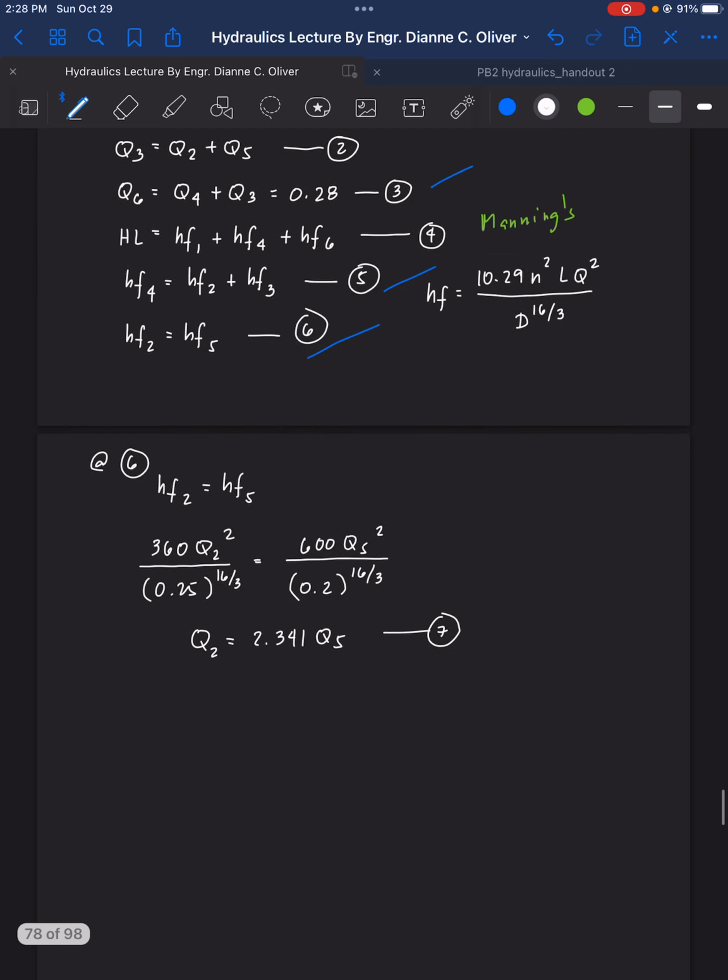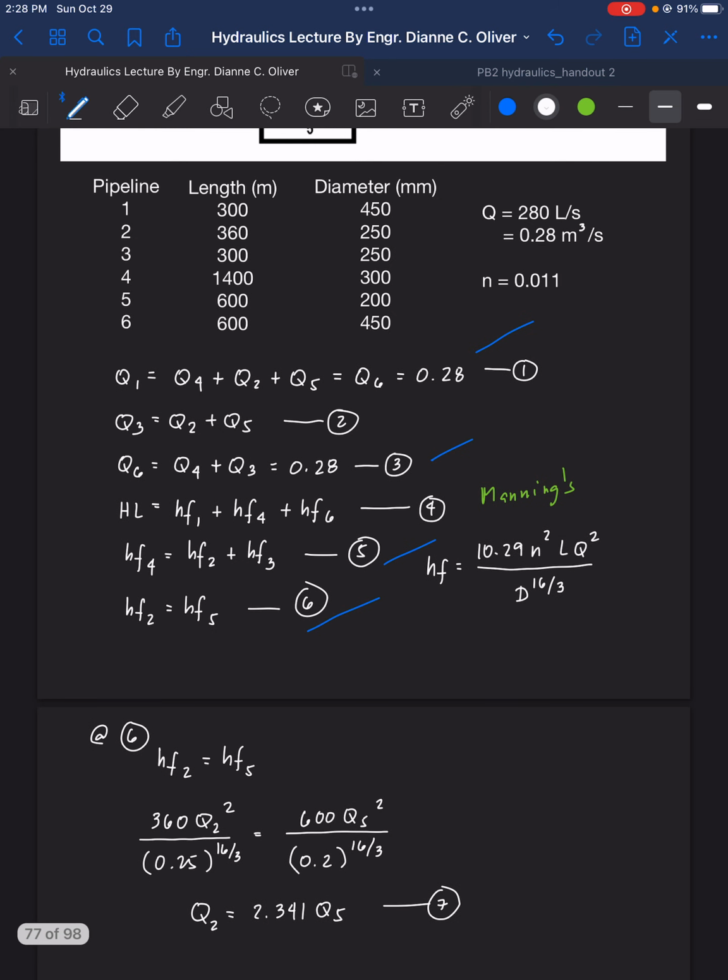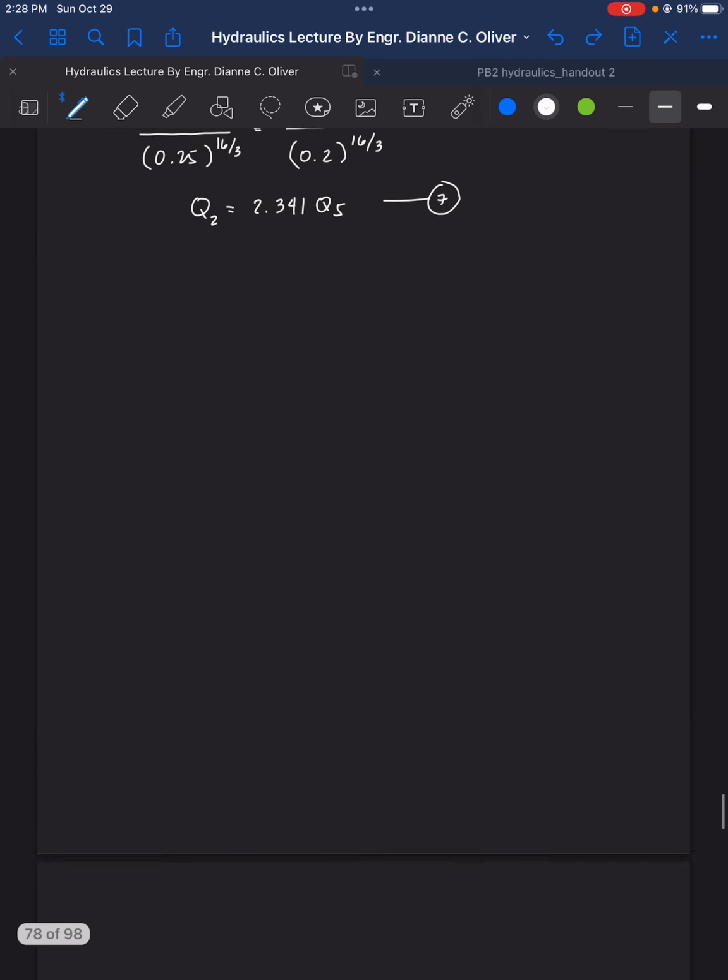Next, we will get the value for Q3. So from 6, let's go to the value for Q3 in terms of Q5.